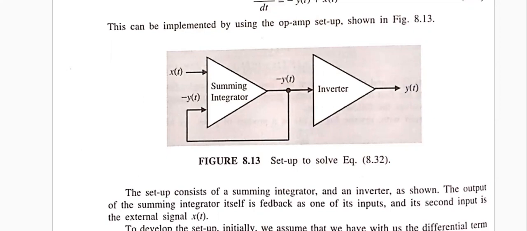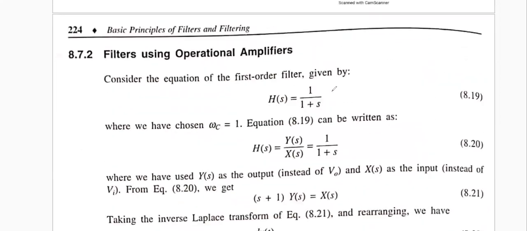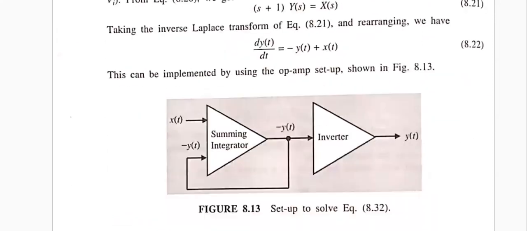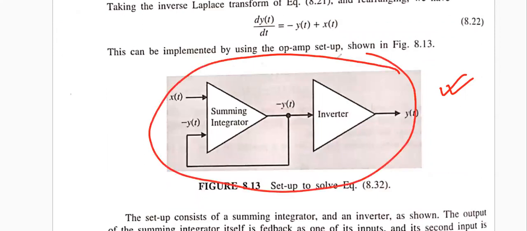In the case of analog filters, as we have already mentioned, this is the core part of the analog filter. This is the first order analog filter. We are talking about this. In the case of the first order analog filter, this is the presentation of the filter, and this is a must-have component of the block diagram, where we need two operational amplifiers.